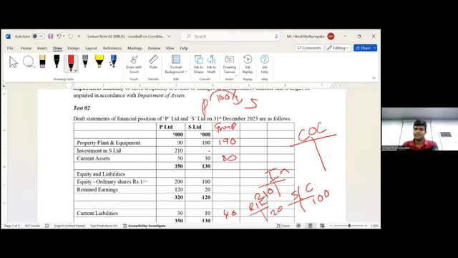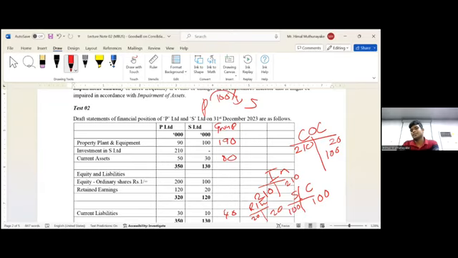So I credit the investment of 210 to the cost of control account, and I debit the retained earnings and the share capital of 100 against the cost of control account.